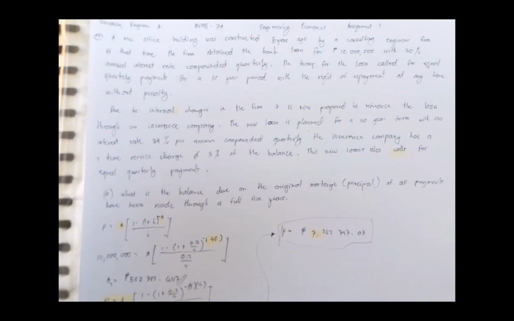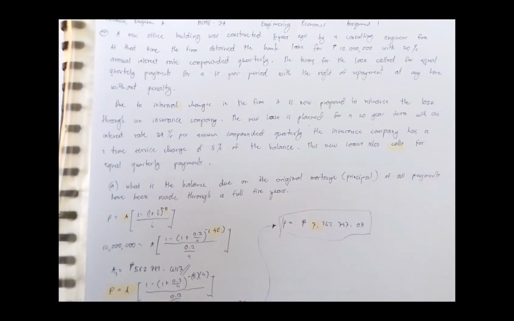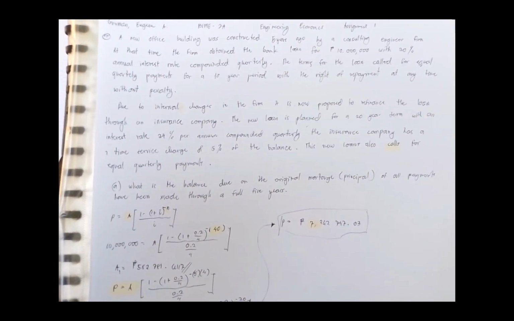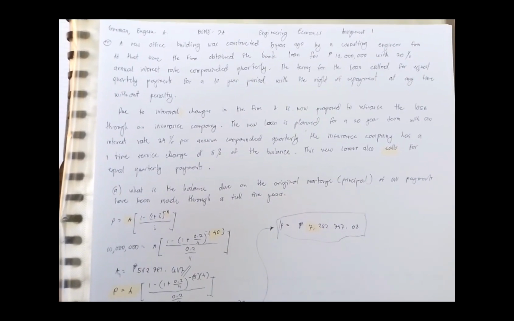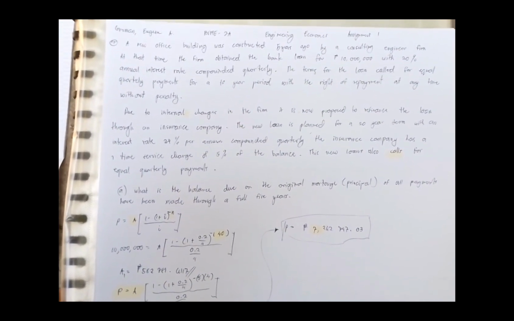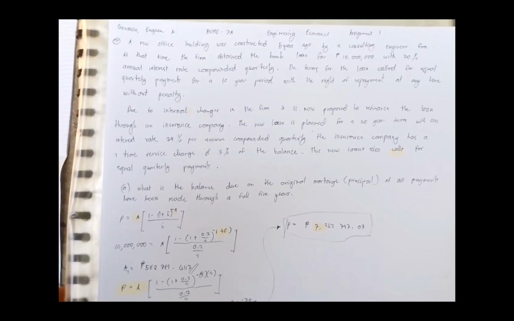Due to internal changes in the firm, it is now proposed to refinance the loan through an insurance company. The new loan is planned for a 20-year term with an interest rate of 24% per annum compounded quarterly.